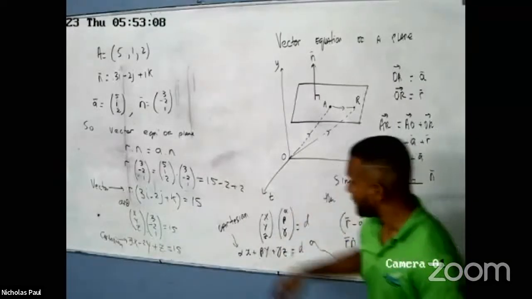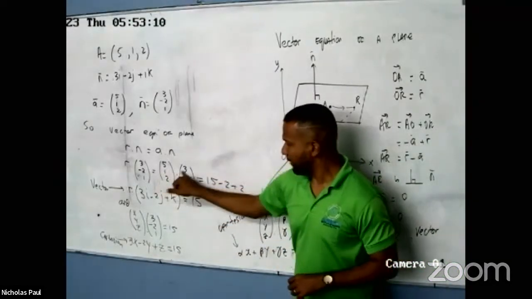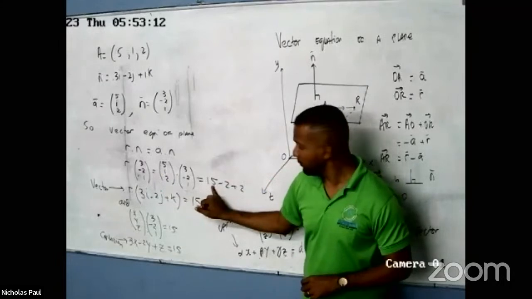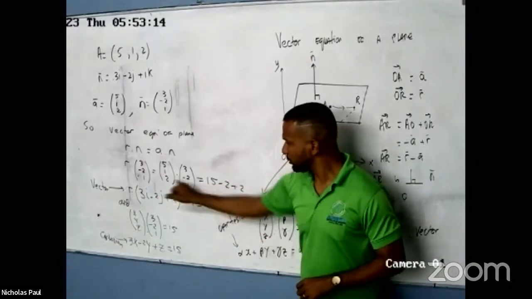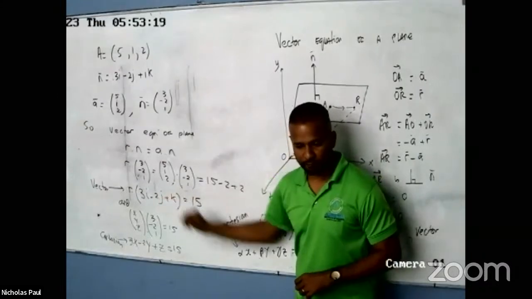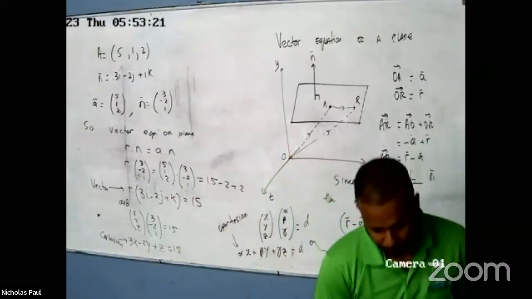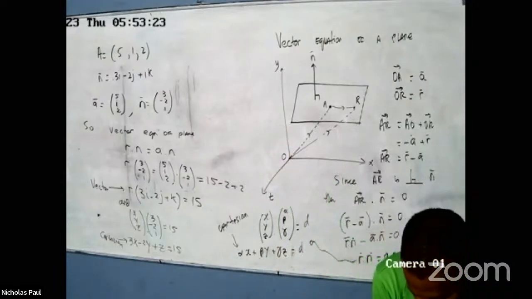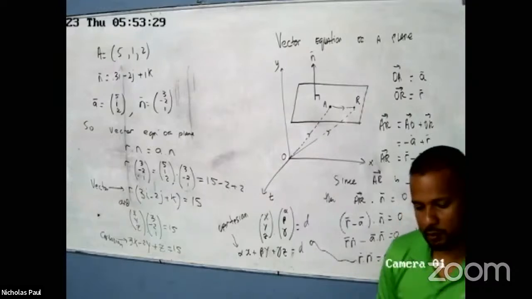Right, I just multiply here. I multiply 5 by 3 again, 15. 1 by minus 2, 2 by 1. So I found the dot product right here. That's okay? Yeah. All right, copy down.